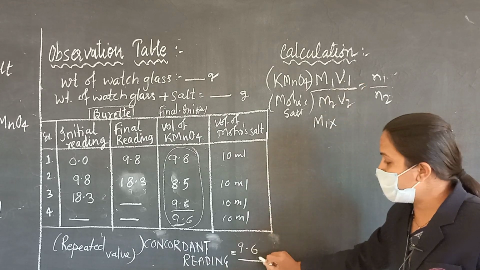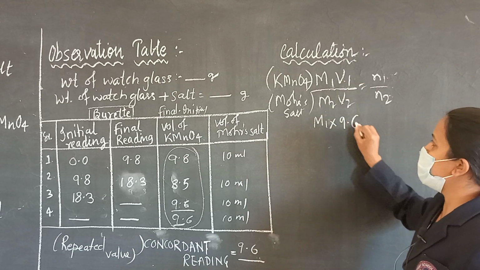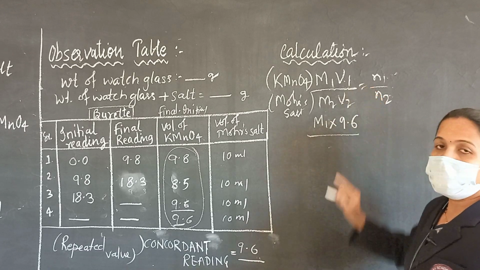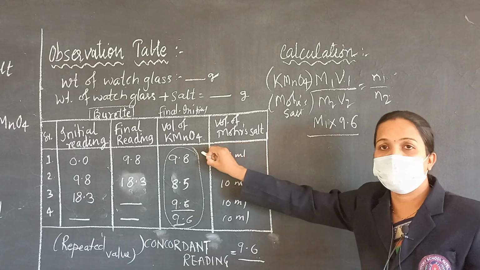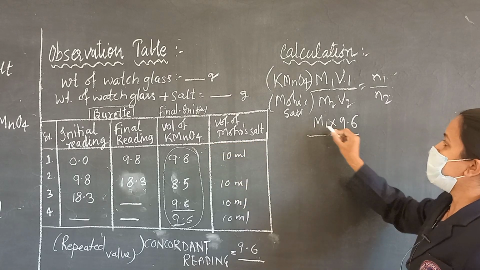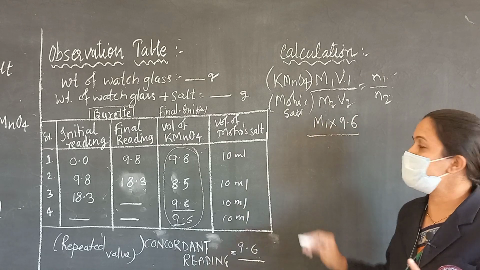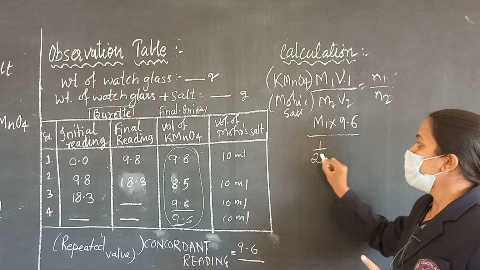So let's put in all the values. M1 you have to calculate, then for V1 you will put the concordant reading, and then the molarity of Mohr salt is given in the question, and this one is 1/20. So we will write 1/20.